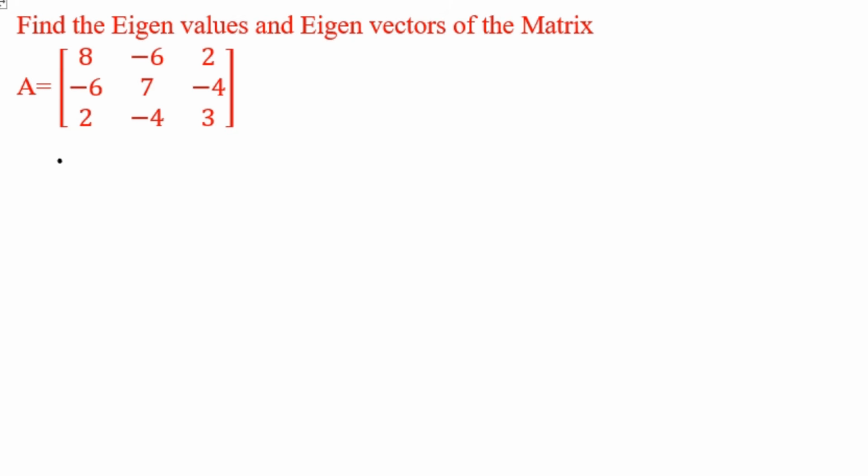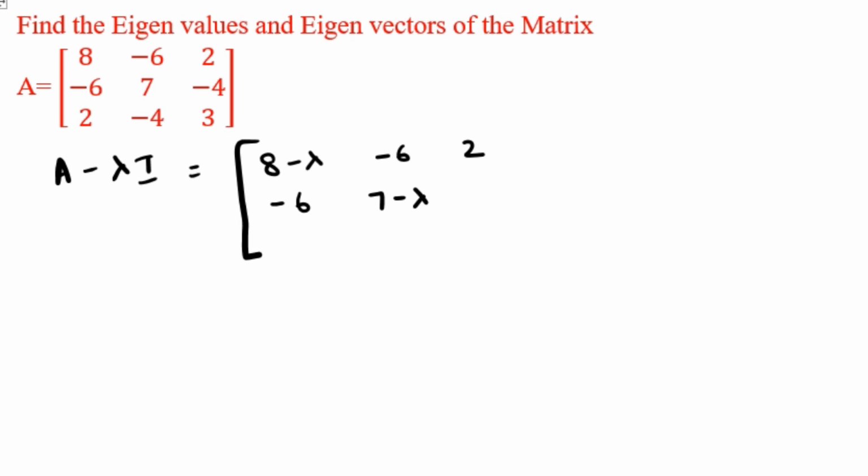The characteristic matrix is given by A minus lambda I, which from the above matrix is 8 minus lambda, minus 6, 2; minus 6, 7 minus lambda, minus 4; 2, minus 4, 3 minus lambda.